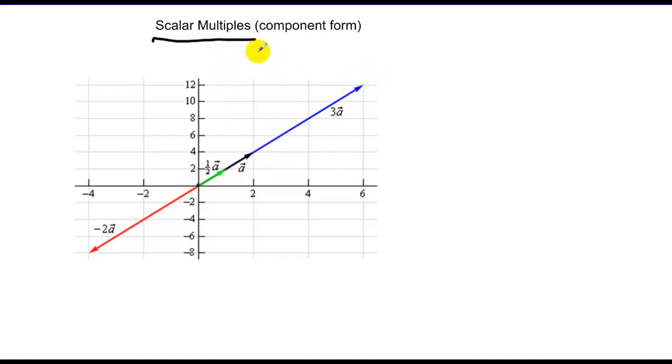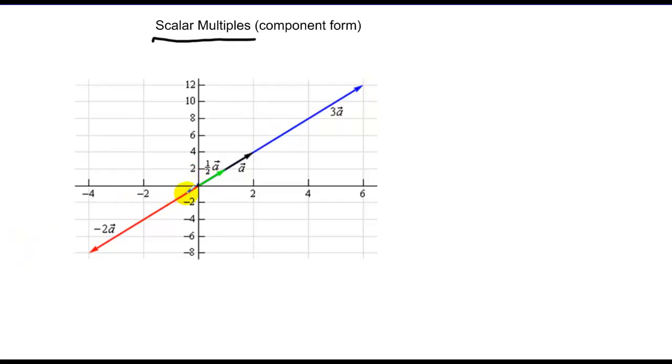So relative to component form, we can see that if this vector A had a component value of 2 over and 4 up, well then 3A would be 3 times over. So instead of 2, we're at 6 over, and 3 times up instead of 4 up, we're at 12 up. And you can see that relatively easy right here.